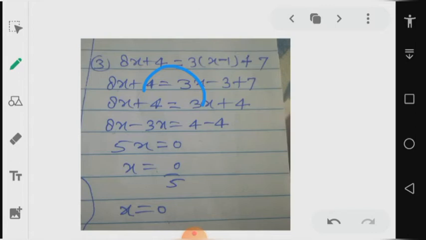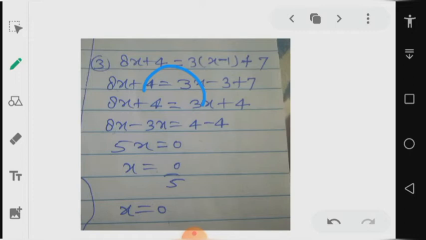This 4 can be cancelled out directly, or if you want to transpose it, you can write 4 minus 4. Finally, on the left side it is 5x, and on the right side it is 0, that is 4 minus 4. x will be 0 divided by 5, as multiplication is converted into division, and 0 divided by 5 is 0, so x is 0.